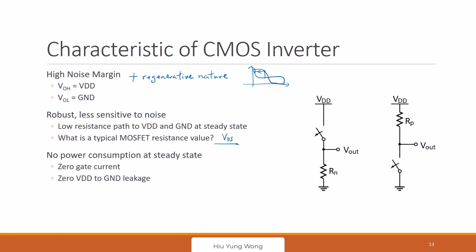GM maybe we want 20 millisiemens for 1 milliamp. Instead of GM, how about the current? Do you know usually what the value is?